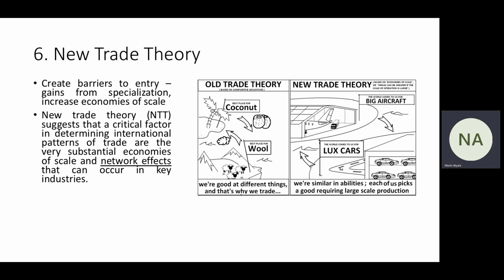Next one, new trade theory, creating barriers to entry. So the old trade theory is like this, and the new trade theory will be like this. We have very similar abilities. Each of us is very good in a group, like in the automotive industry. We know that the materials for cars, bikes, and so on come from different countries.